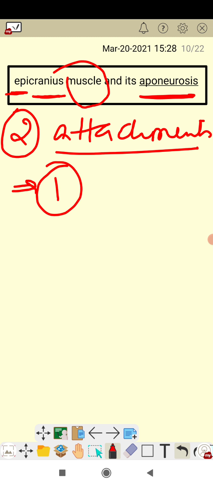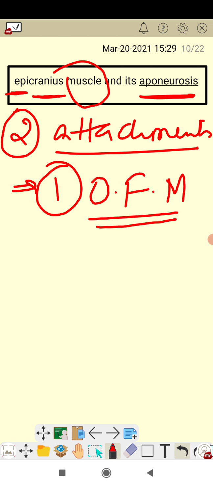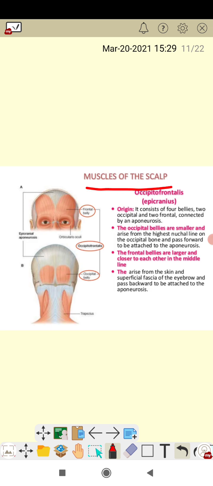First muscle is occipitofrontalis muscle. It's a large muscle, pair of occipital bellies and pair of frontal bellies. See in diagram, muscles of scalp, occipitofrontalis muscle. This is occipital belly of occipitofrontalis muscle, and this is frontal belly of occipitofrontalis muscle.